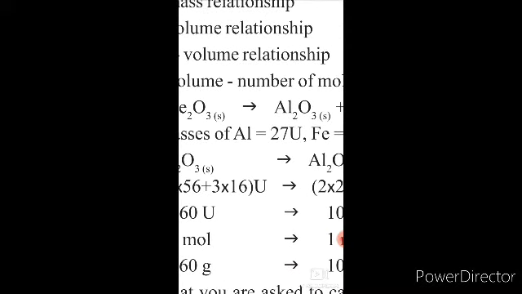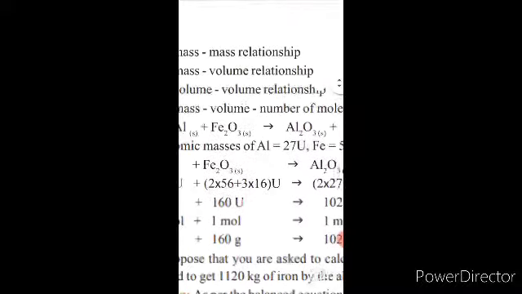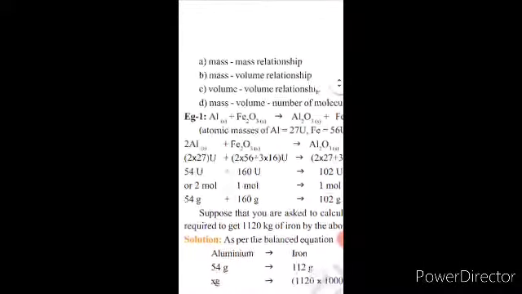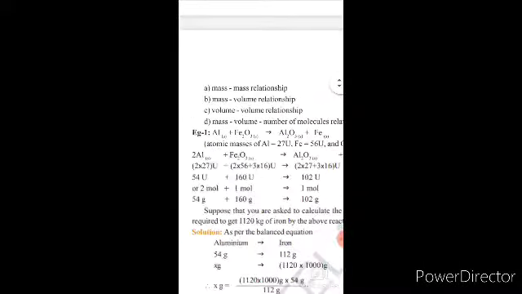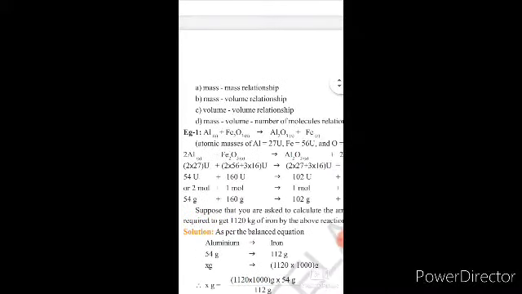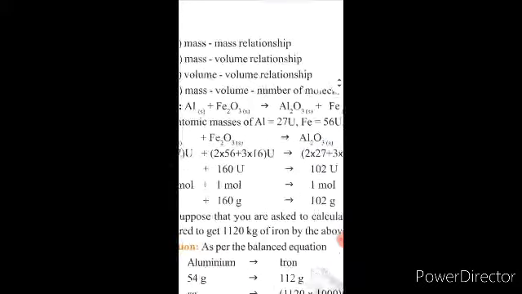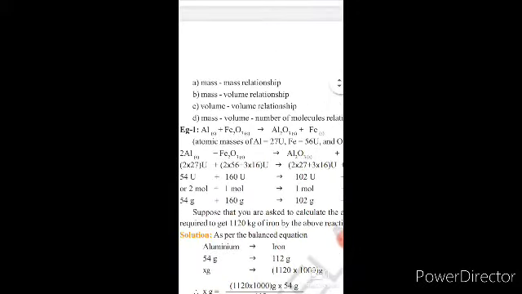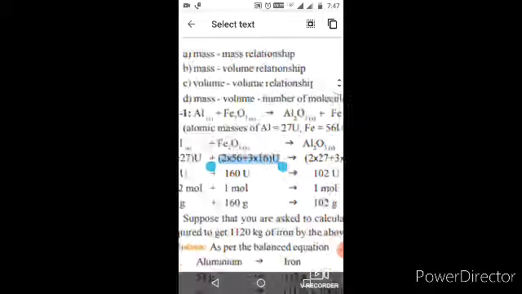So we should balance first. After balancing, the equation will be 2Al on the left side, and Al2 on the right side. So aluminium is balanced. Next, iron, Fe2.